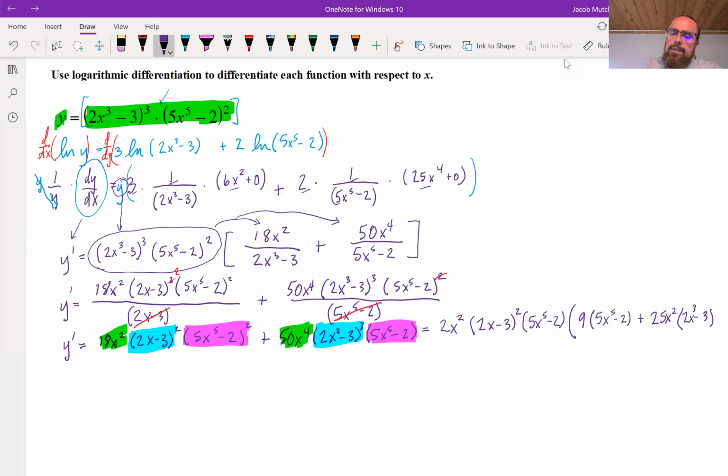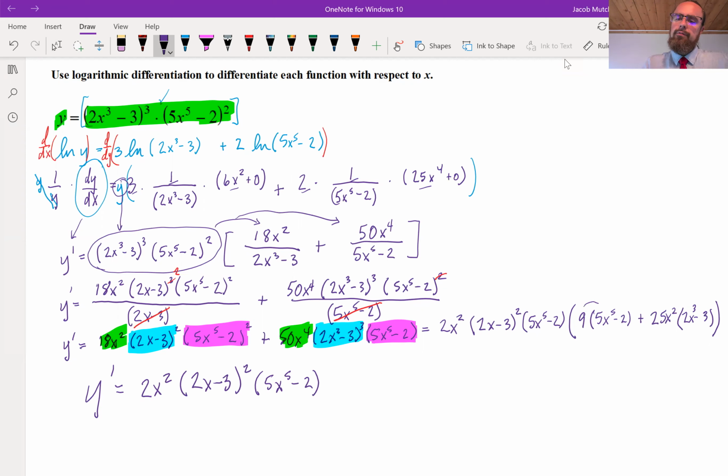And that completes that. So my final version here, y prime, is going to be 2x squared times (2x minus 3) squared times (5x to the power of 5 minus 2). And then I'm going to distribute some stuff up above our last step, and then we'll combine it in our final step.